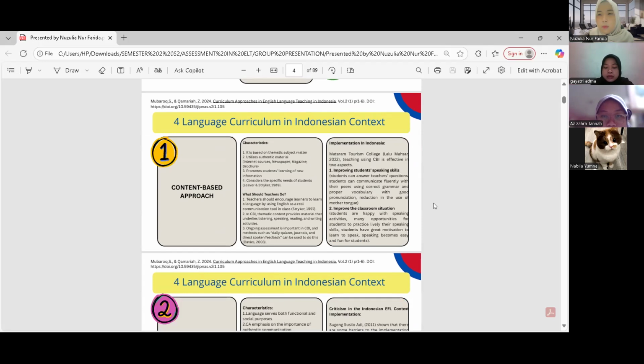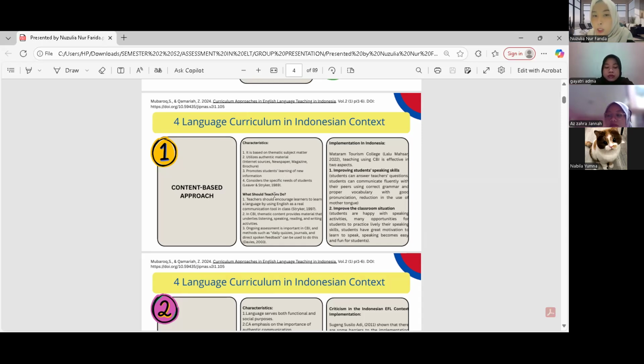And the content-based approach is usually based on thematic subject matter. It utilizes authentic material such as internet sources, newspaper, magazine, and browser, and promotes students' learning of new information.